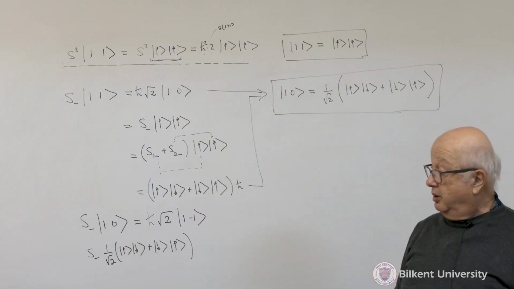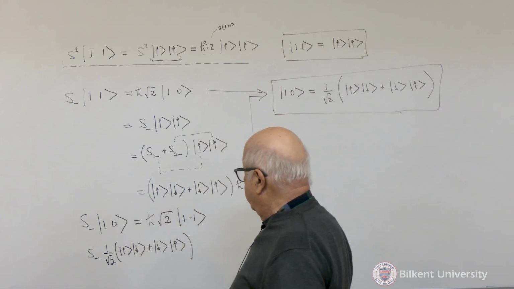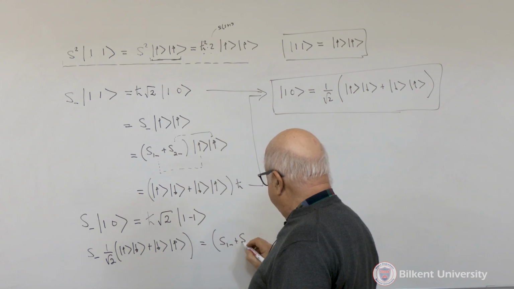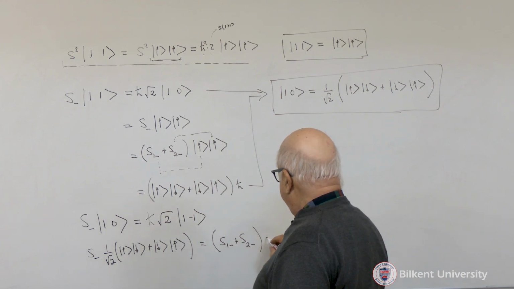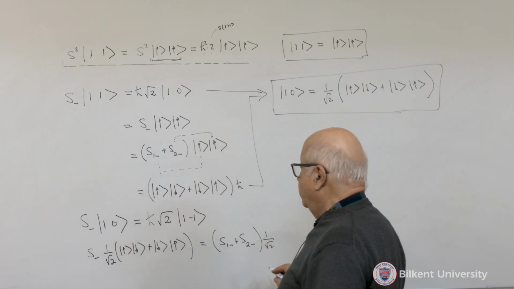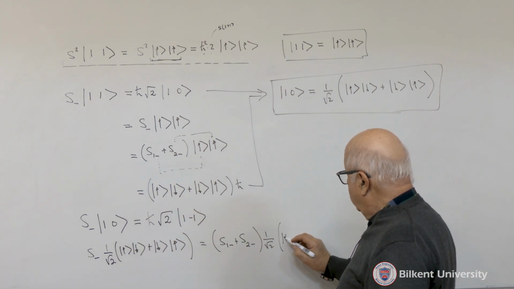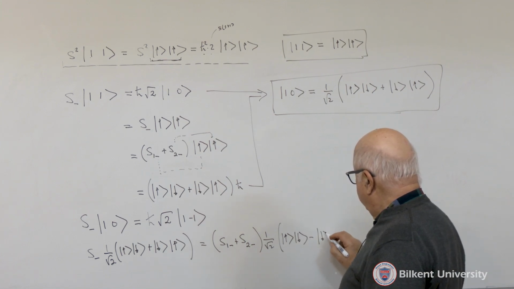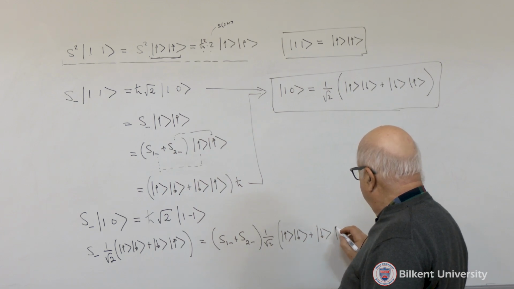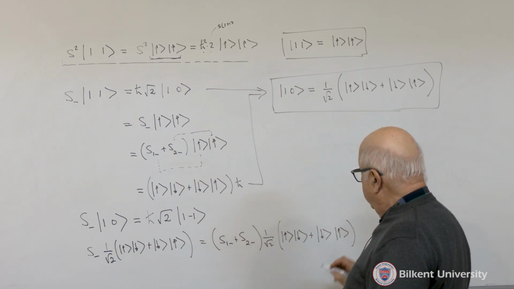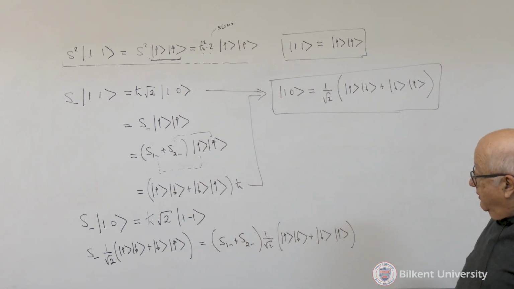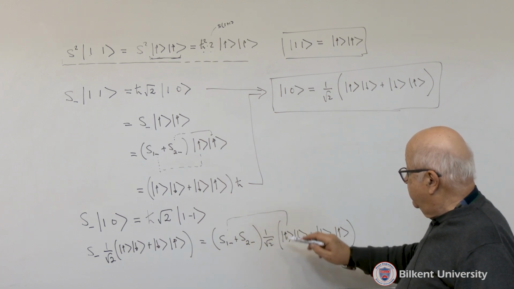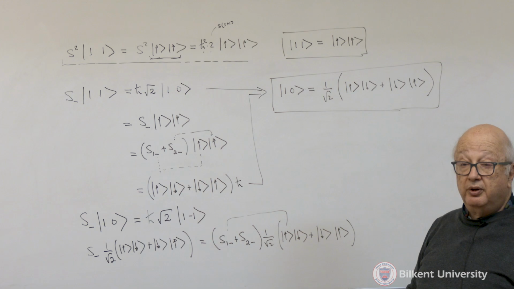Now S minus. So this is going to be S1 minus plus S2 minus, operating on 1 over square root of 2 times up, down, plus down, up. S1 minus can only operate on this, because otherwise it will give me 0.